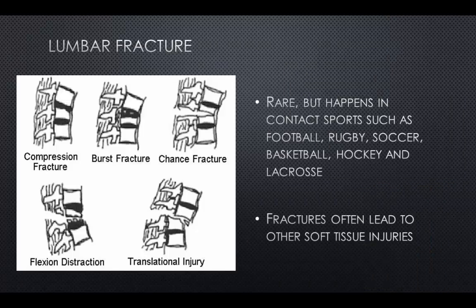Lumbar fractures, like the thoracic fractures, are rare, but they can happen in contact sports such as football, rugby, soccer, basketball, hockey, and lacrosse. Fractures often lead to other soft tissue injuries. The most common type of fracture in the lumbar spine is a compression fracture and also what are known as spondies.